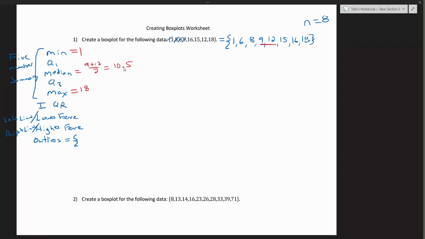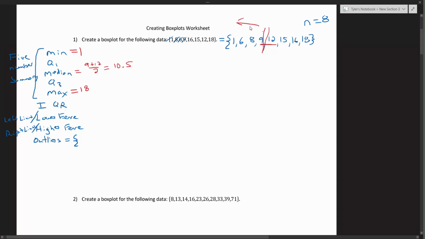Right? So then to find quartile 3, or excuse me, let's find Q1 first. In order to find quartile 1, we know right here down this line, that's where my median is going to be located. So we're just looking at the numbers to the left. We want to find the median of the lower half, right?